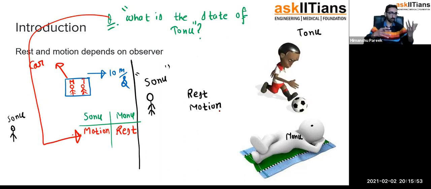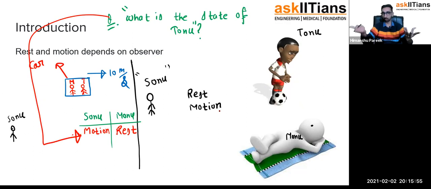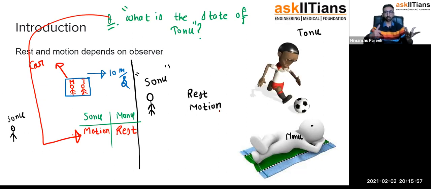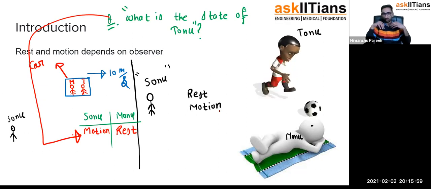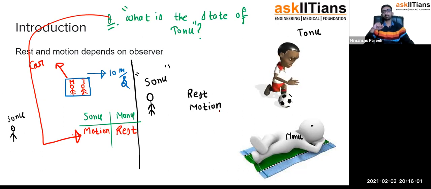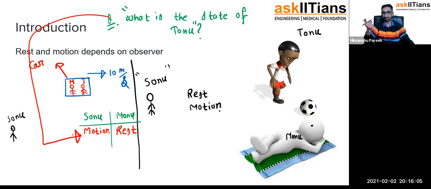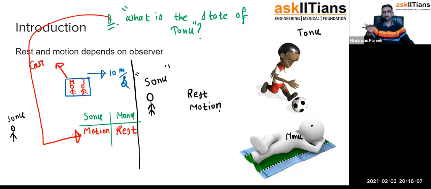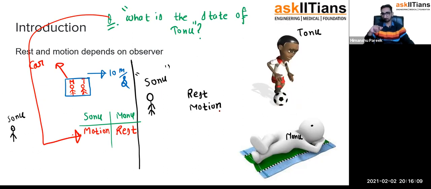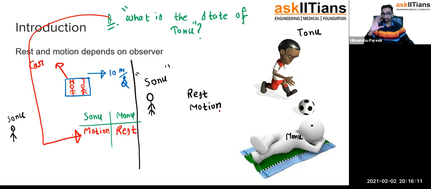First you asked Sonu, who said that Tonu is in motion. Then you asked Monu, and he said Tonu is at rest. Don't you think you will get confused? The first intuition which will come to your mind is that someone is lying, either Sonu is lying or Monu is lying. But in reality, no one is lying. They both gave the right answer.